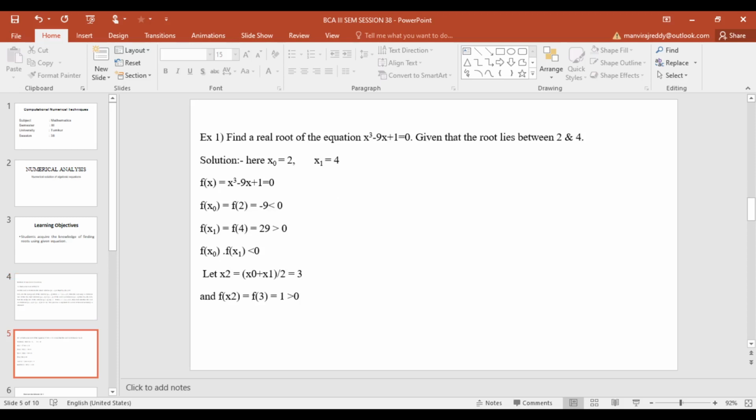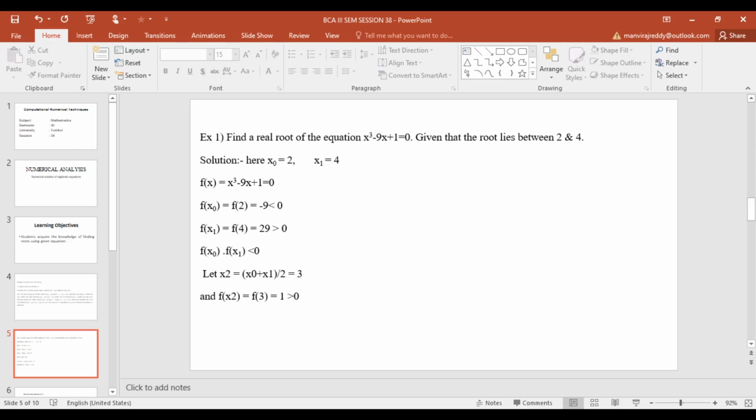For example, take the equation x cube minus 9x plus 1 is equal to 0, and it is given that the root lies between 2 and 4. So here first we choose x0 equals 2 and x1 equals 4. f(x) is the given polynomial x cube minus 9x plus 1.